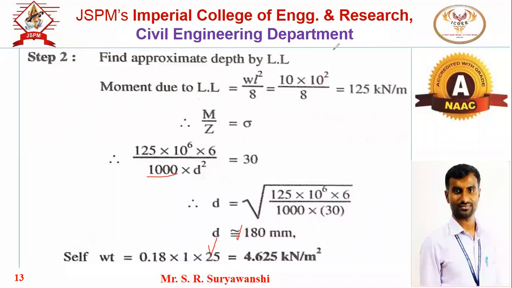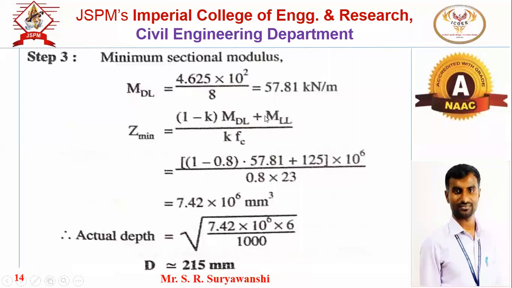This is the self weight, or we can say dead load. Now for the dead load also we can find the moment. So for dead load the moment will be WgL square by 8. Again here, this is the dead load calculated using volume into unit weight, into the span square, that is 10 square, divided by 8. So this is the moment due to the dead load.